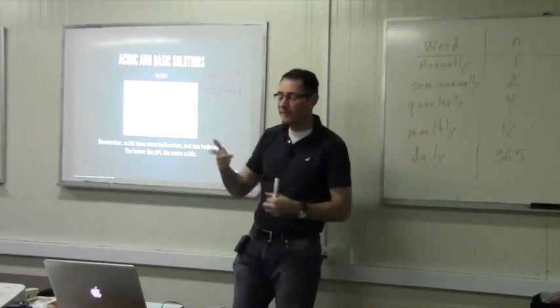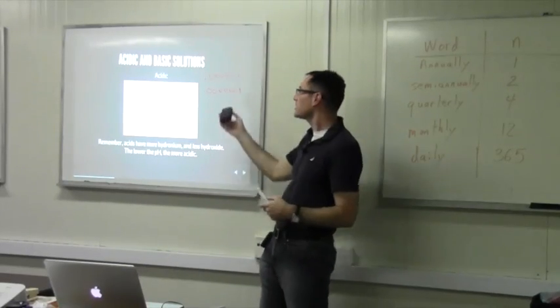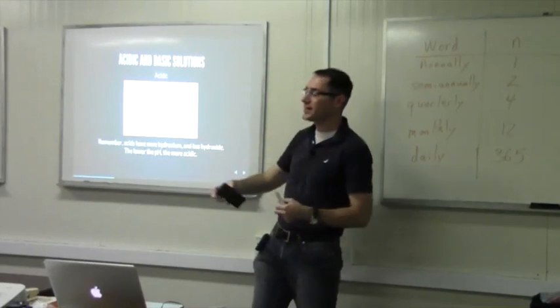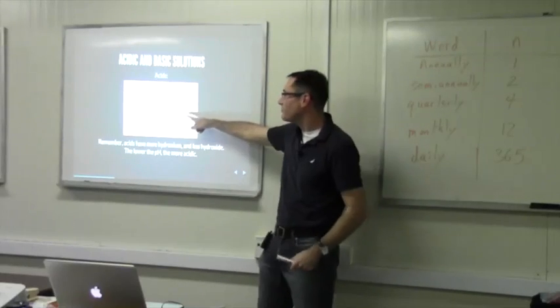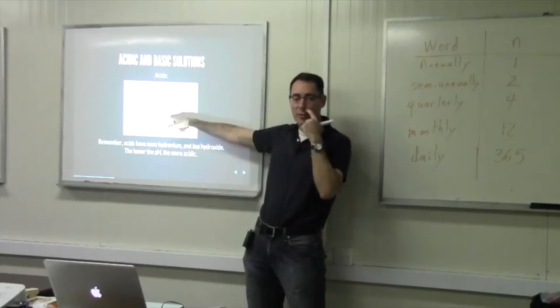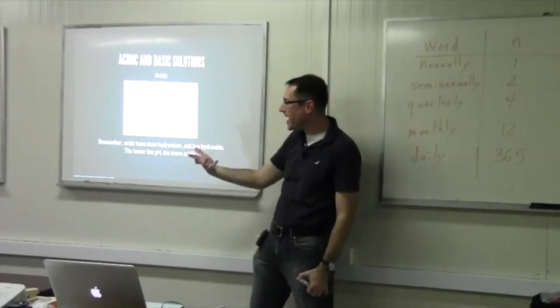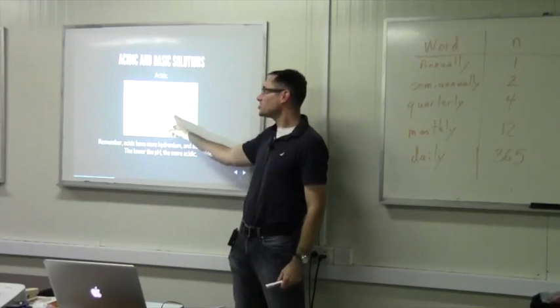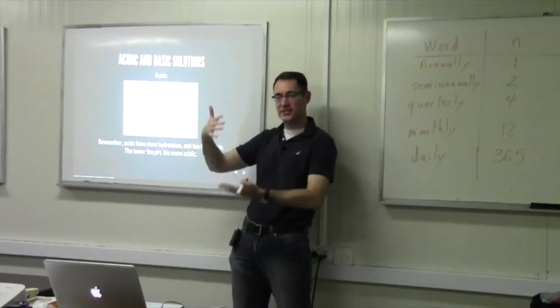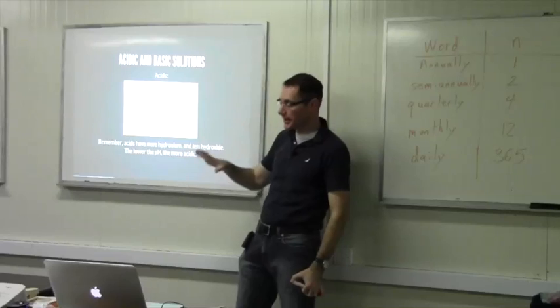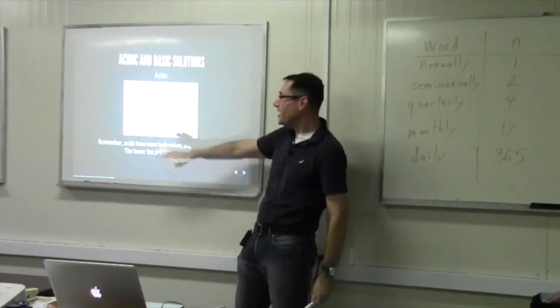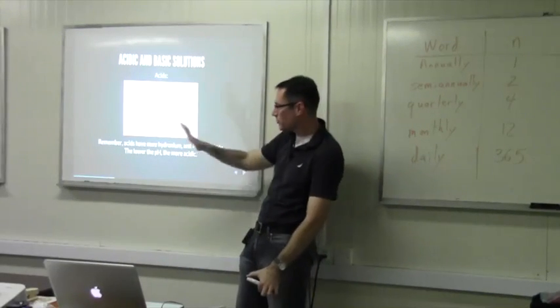So if you have a larger concentration of hydroniums, you're going to have a smaller pH. And by the way, the reason they use this log scale is because the concentrations are so small and the differences can change by a large amount. The log helps out because it's exponential and it works out.